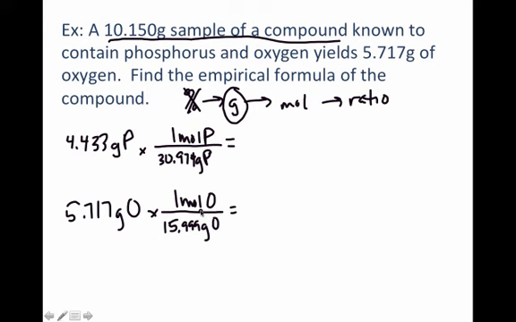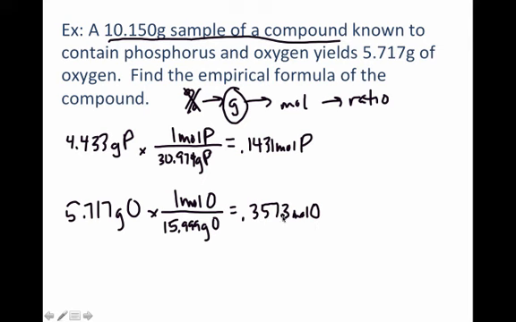Do some math. Okay, so when I divide, I get 0.1431 moles of phosphorus and 0.3573 moles of oxygen.